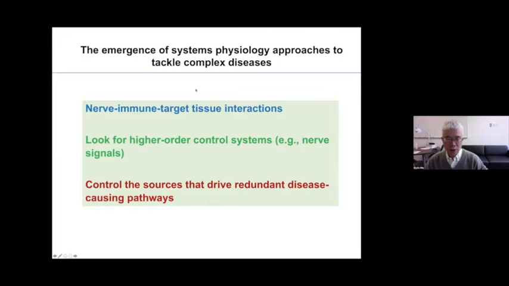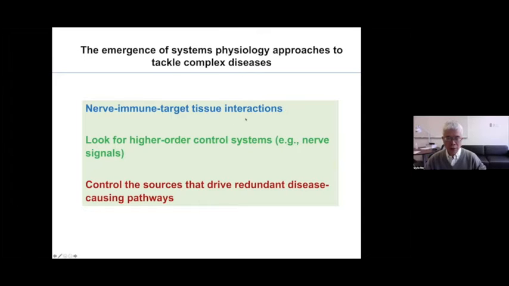And those kinds of studies almost touch every aspect of chronic disease, from cancer progression to, of course, pain as well. All the neuronal brain disorders also involve nerve-immune interaction.